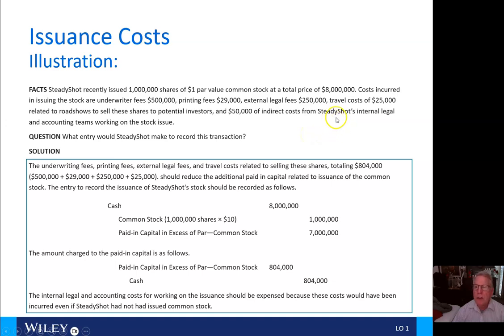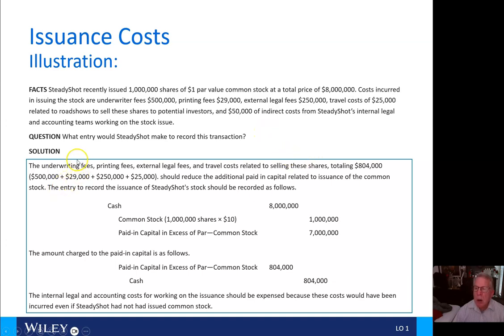Costs incurred in issuing the stock are underwriter fees, $500,000, printing fees, $29,000, external legal fees, $250,000, and travel costs of $25,000 related to road shows in order to sell those shares to potential investors, and then $50,000 of indirect costs from II-Chapt's internal legal and accounting teams working on that stock issue.